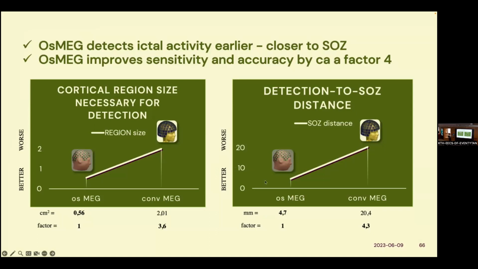This is reflected in this detection to seizure onset zone distance, which is localizing the first activity that you see in each of the systems. The accuracy at localizing that was actually very comparable, but the later activity is further away from the true seizure onset. That means that the later detection has a much worse localization accuracy of the seizure onset.